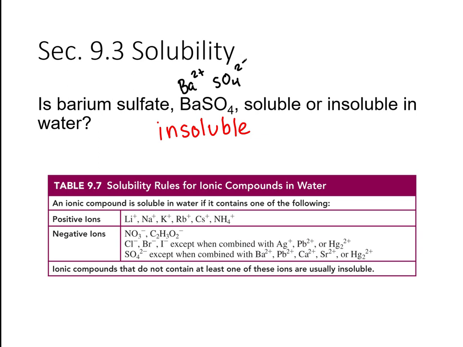The solubility rules state that anything with a sulfate is going to be soluble except, and then there's a list of these different ions, and barium is one of those exceptions. So it is a sulfate, which means you would think soluble, but since barium is an exception, it is insoluble. So does everyone understand how to use that solubility table?